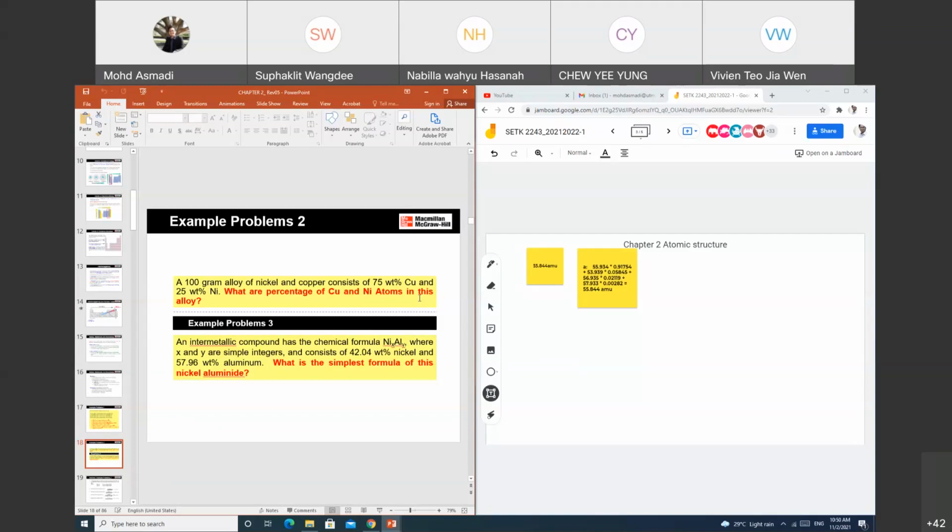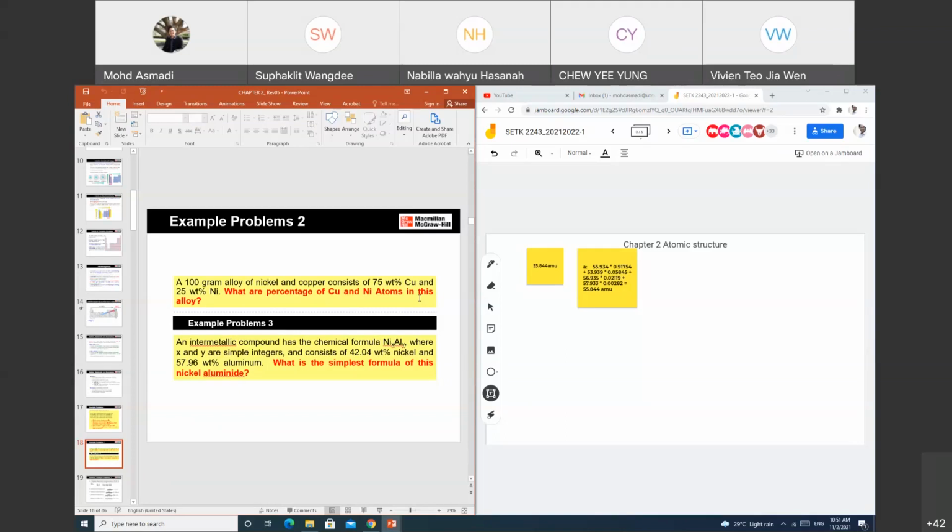So first you have to determine the atomic weight for each element or each atom. For copper, how much is the atomic weight? For molecules we call it molecular weight, for atoms we call it atomic weight. And then you have to determine the number of gram mole for each atom.